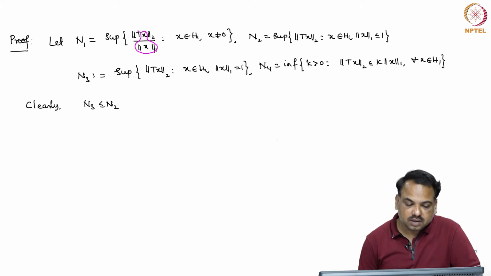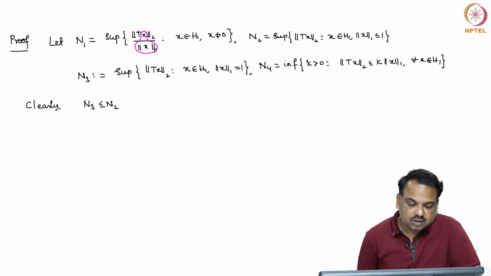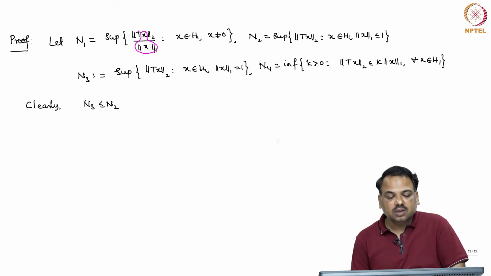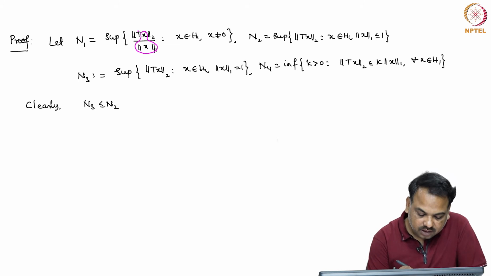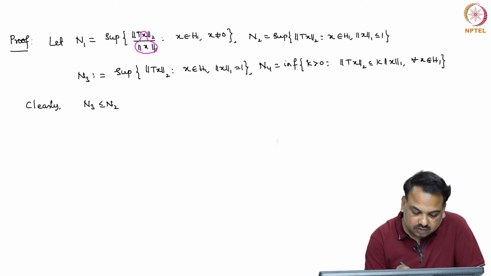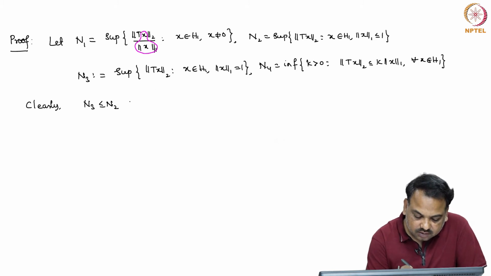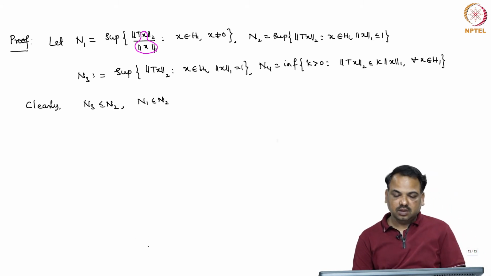Hence N1, the supremum over all elements of the x by norm x form, T of elements of that form, is anyway less than or equal to N2. So we can say that N1 is less than or equal to N2. Okay.